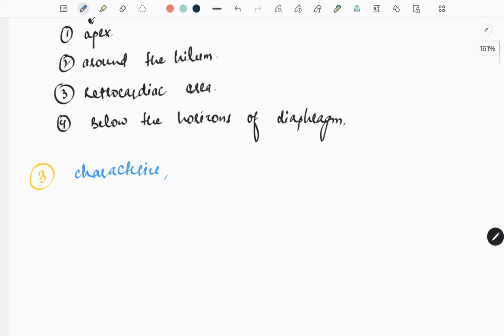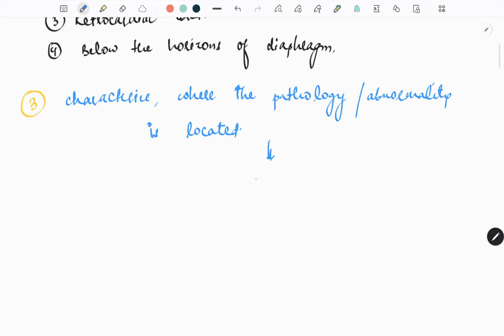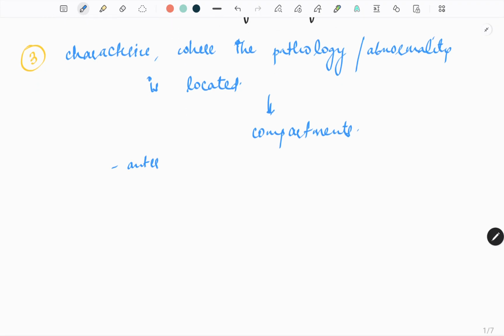We'll see where the pathology or abnormality is located, in the compartments, like in anterior, middle, or posterior.